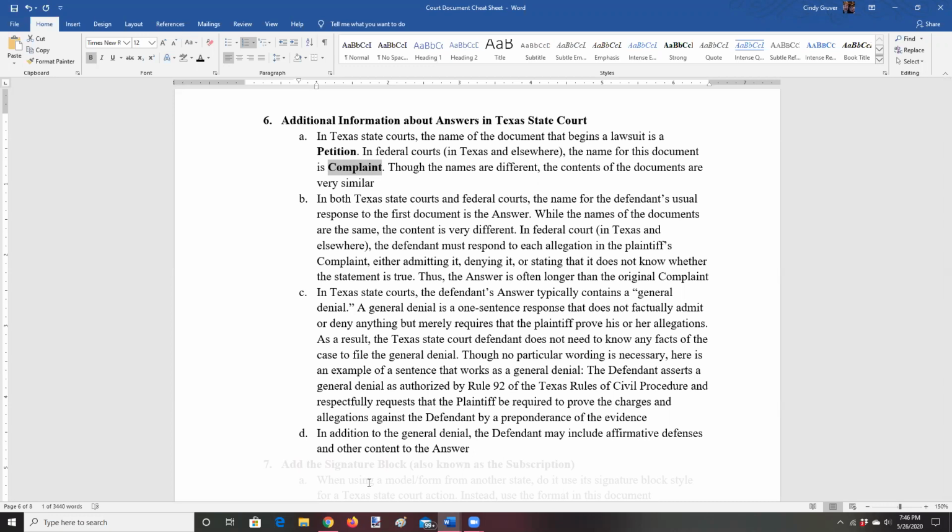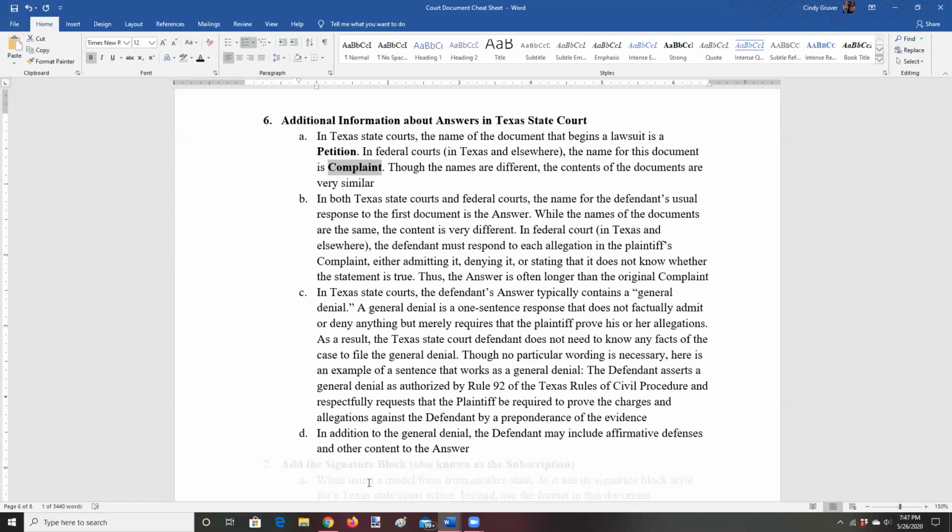After all, you are answering or responding to the allegations of the plaintiff. This is your opportunity to be heard to say, hey, no, that's not what happened. Let me tell you what happened. Or, okay, that is what happened, but I've got a good reason why it happened that way, or whatever the particular circumstances are. So the answer is going to have the same name in whichever jurisdiction we're in.